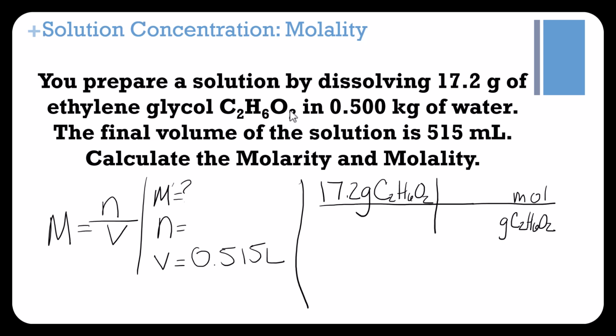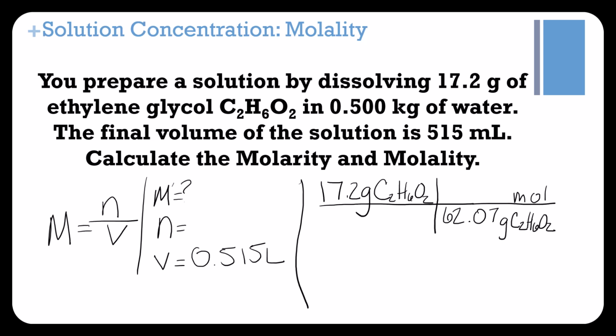And then I'm going to add it to hydrogen, which is 1.008 times 6. And then I'm going to add that to oxygen, which is 15.999 times 2. So the molecular mass of ethylene glycol is 62.07.